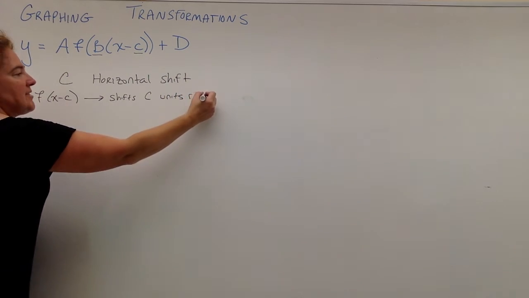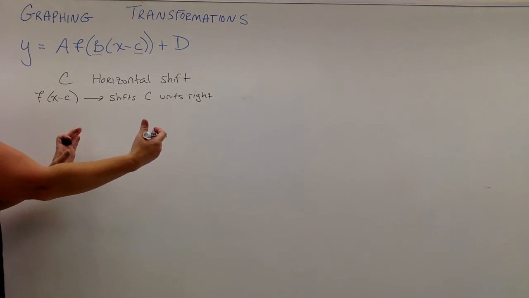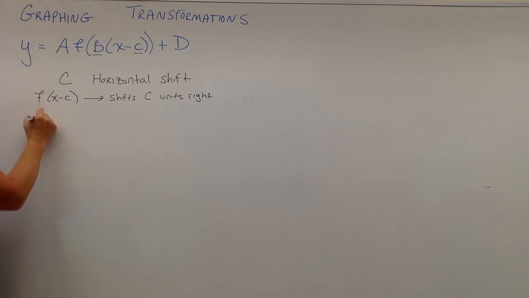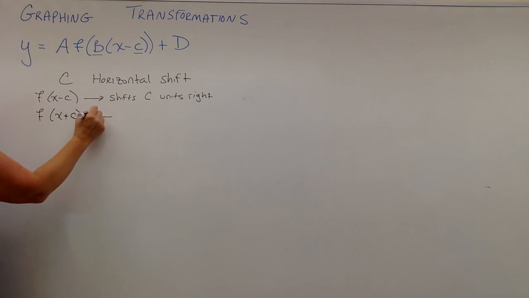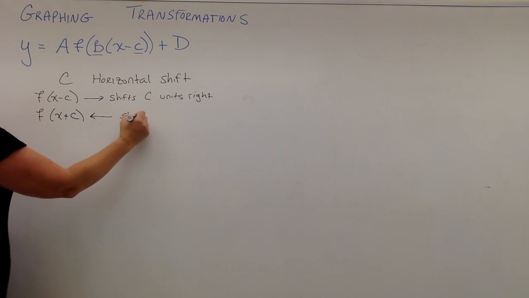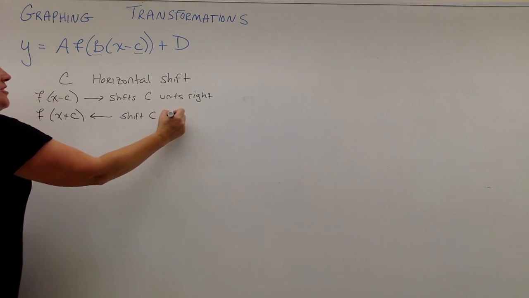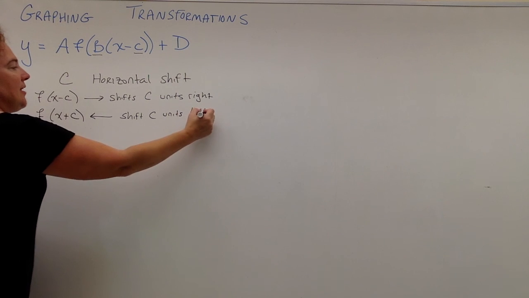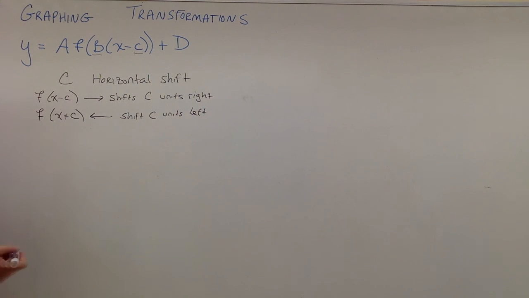It's an x value thing. It's shifting it left and right. If I have f of x plus c, it's shifting the whole graph left. Shift c units left. Some of you guys will have seen this before.